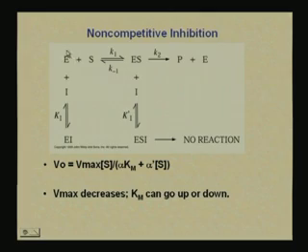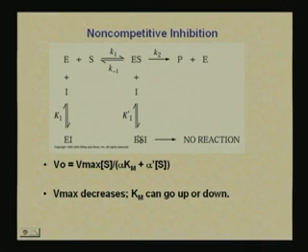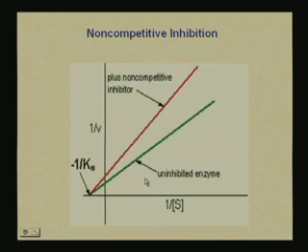If the total enzyme is available at some point or the other, then I can form the product. But if I have inactivated the enzyme in a fashion that it is not available for product formation, then I will have a Vmax decrease. What does that look like? This is what it is going to look like. The Km usually is the same.